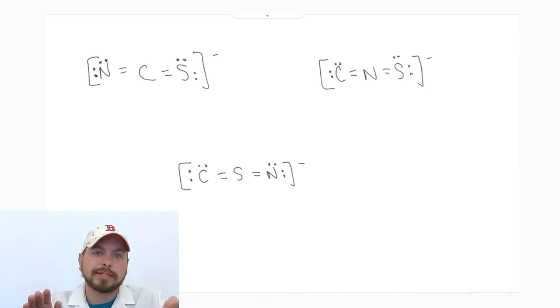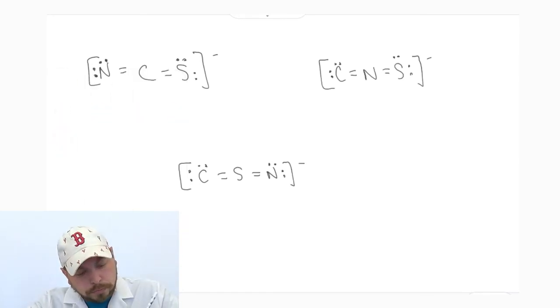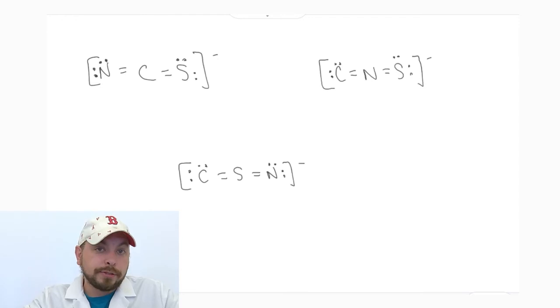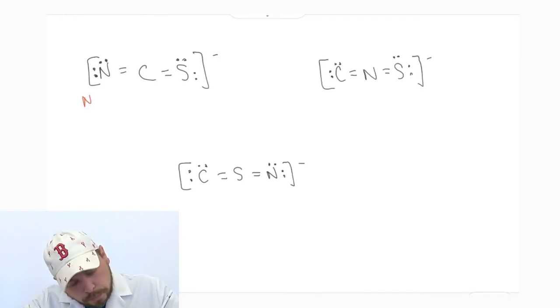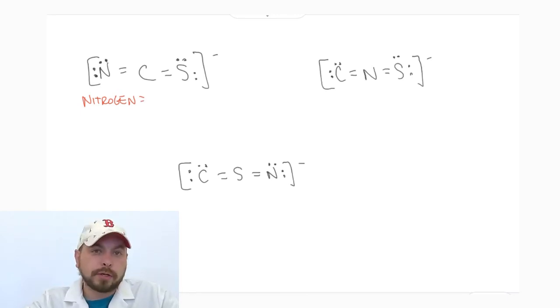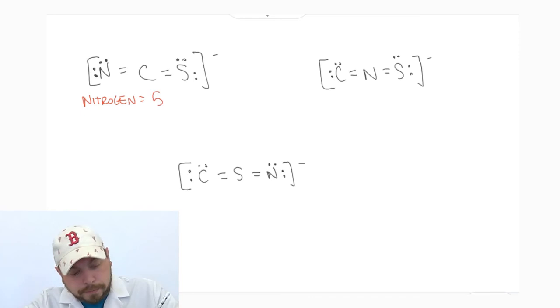First thing we want to do is calculate the formal charges for each atom in each structure. We need to show our work for this. It's actually a really big deal. I'm going to do it in a different color. So for nitrogen, in the first structure, again, it should have 5 based on the periodic table.